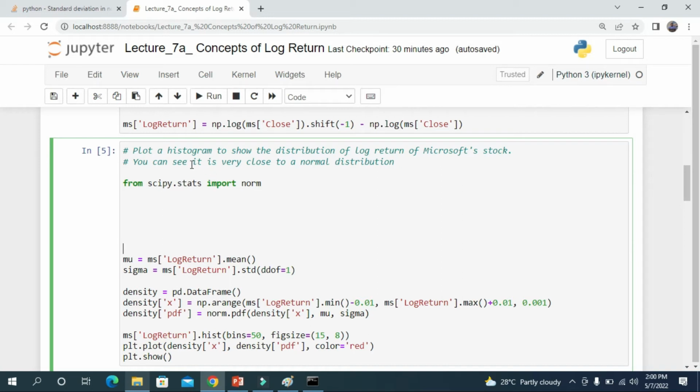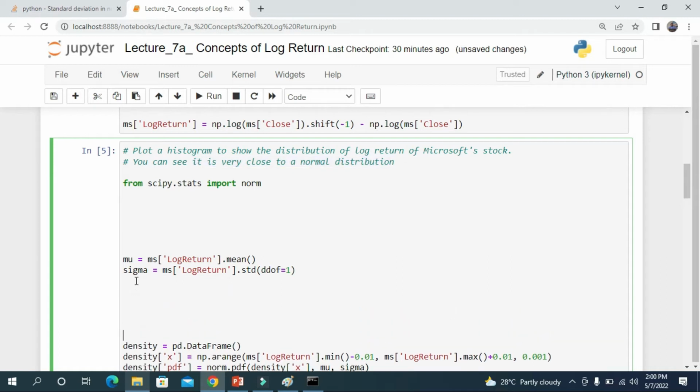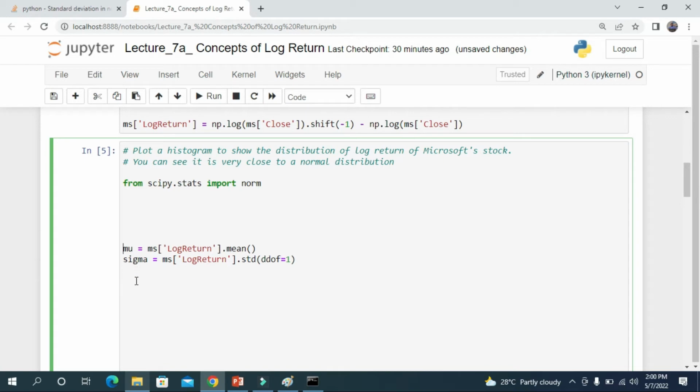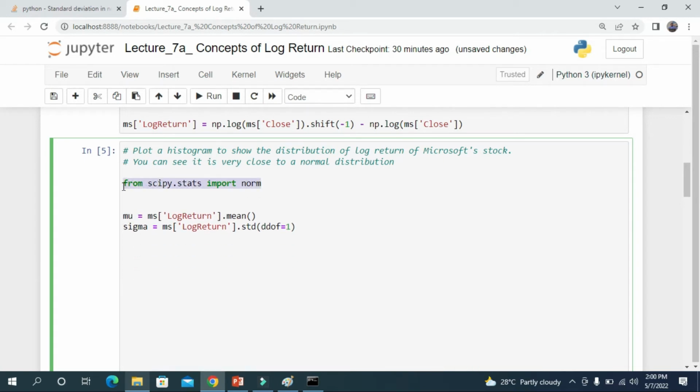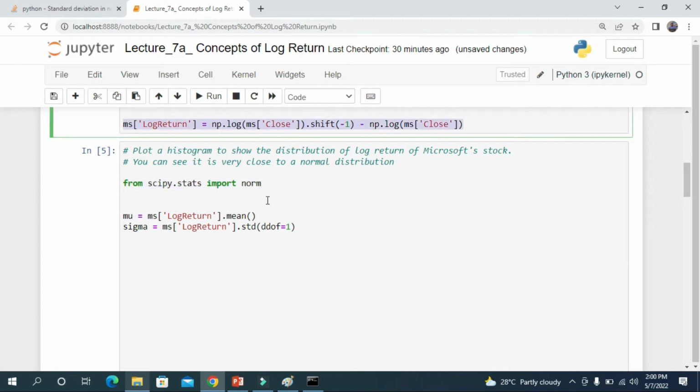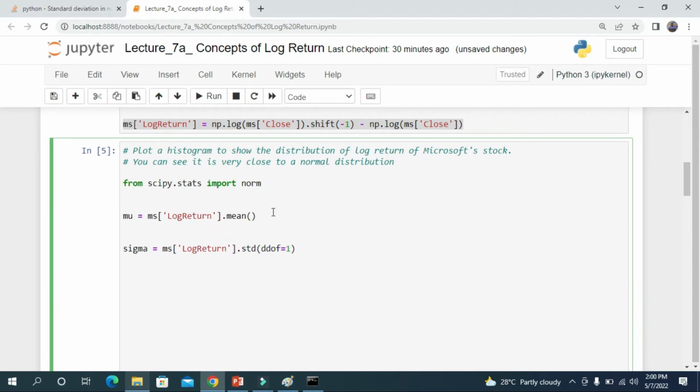And yes, we can see every log return of a stock price is close to normal distribution. But before doing this, I am going to make you write only 3 lines. The first line is to import the library. We have not used the library, right? The second is we have calculated the log return. I have calculated the mean of this log return. Okay, dot mean is a simple function, and this sigma, what is this sigma?